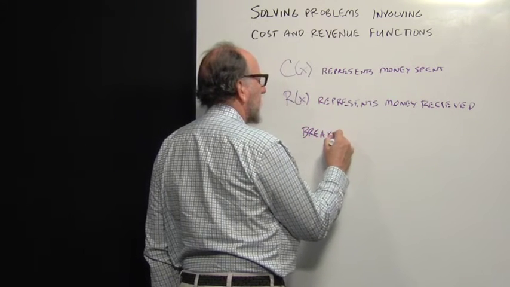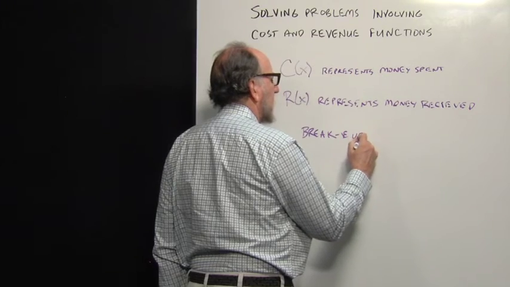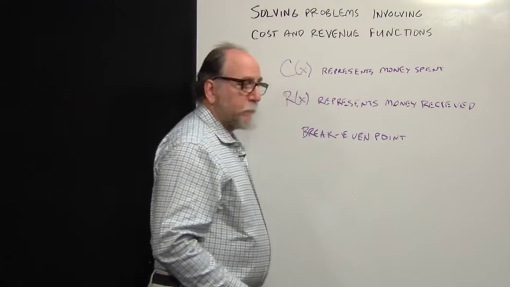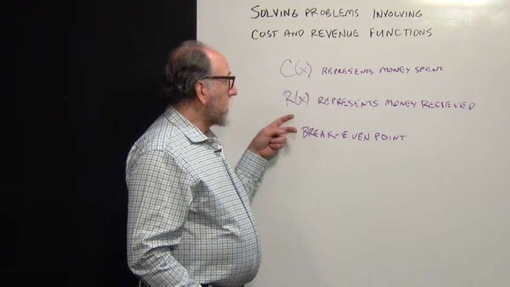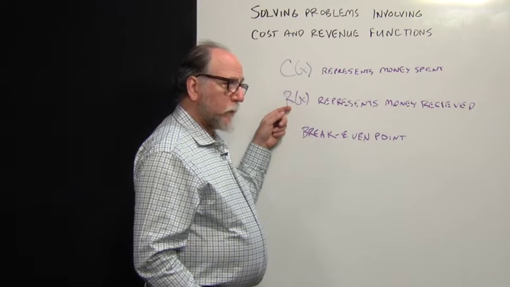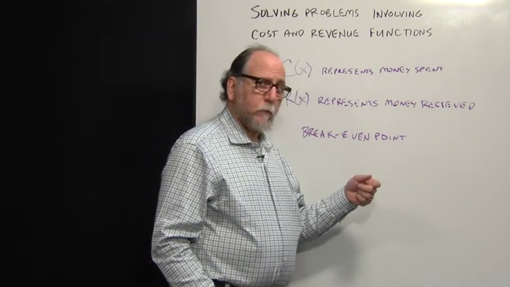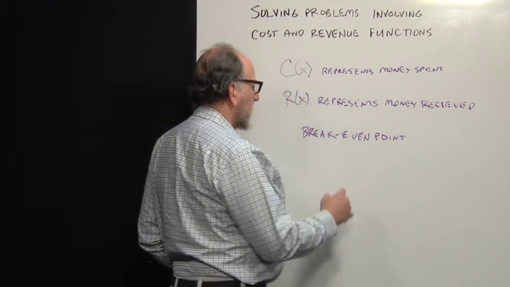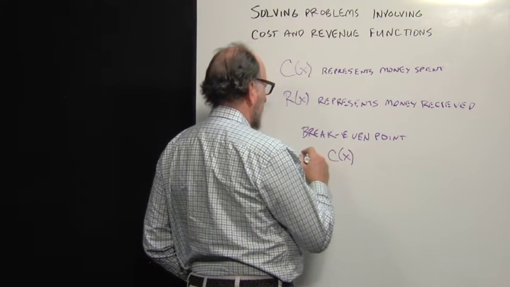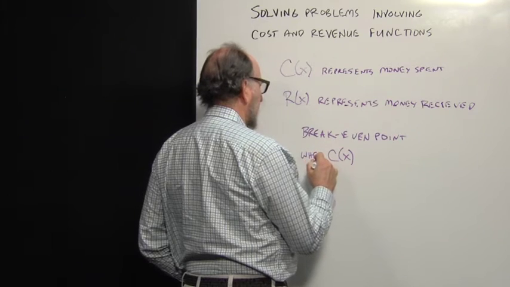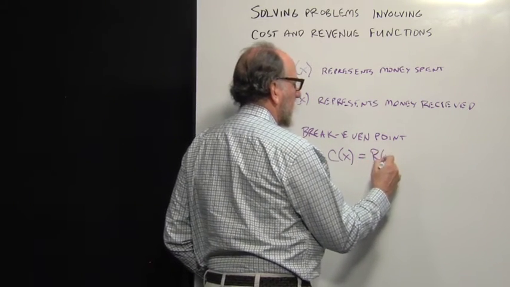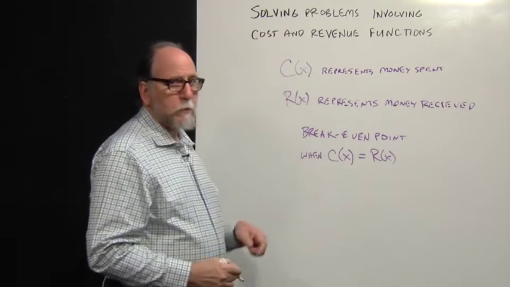That is, a break-even point is when cost has been covered by revenue, and then you can start making a profit. So that's often represented as when C of x equals R of x, or when cost matches revenue. You should put that in your notes.